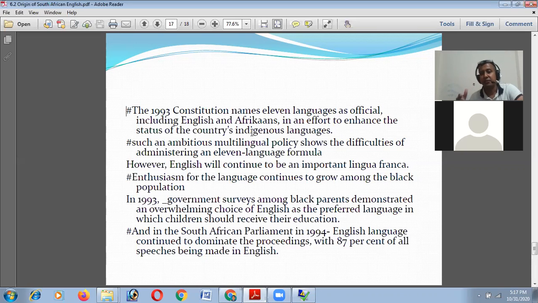As we know, 11 official languages are there in Africa, but in Parliament, in 87% of cases the English language is used. In education also the English language is used. The guardians and the students are very much prone to use English, and among these different linguistic groups, a common language is used for communication, that is English.